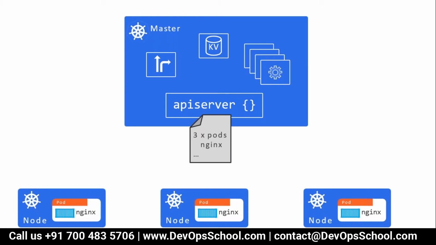Any external and internal communication, the only front end is the API server. Please understand this. So this information gets saved, and the API server is the only one who can talk to etcd. It communicates with etcd to fetch the information on what you desire, what you have actual, and based on that they can take a call.